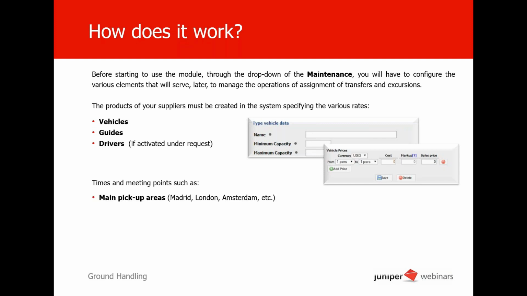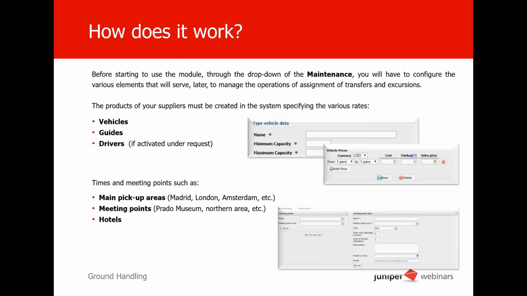Times and meeting points, such as main pickup areas, as in Madrid, London, Amsterdam, meeting points, hotels and airports, can all be configured as you can see in the diagram to the right.